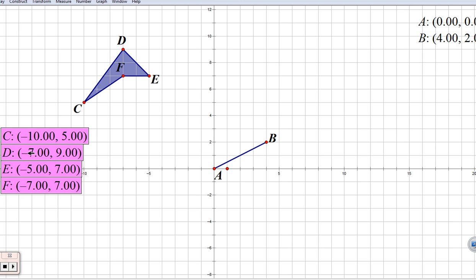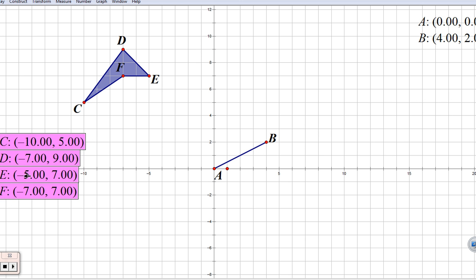And I want you to pay close attention to where those points are. Point C is at the point negative 10, 5, which means from the origin I went to the left 10, up 5. D is at negative 7, 9, which means left 7, up 9 from the origin, and so on and so forth.